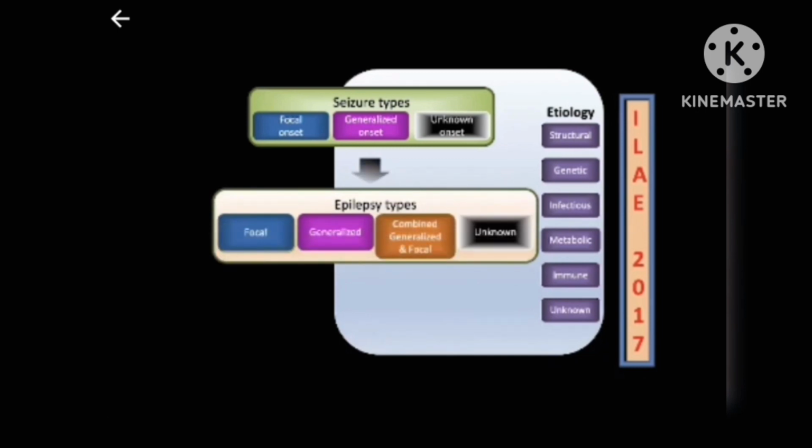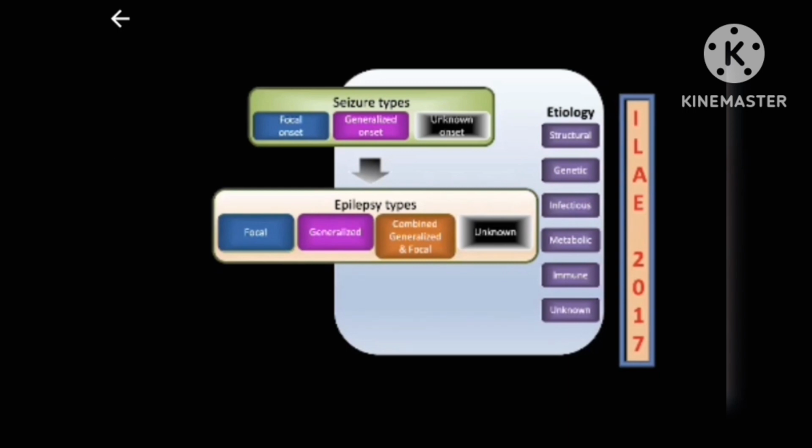Once somebody has two seizures, then you call it an epilepsy, because they are recurrent seizures. You'll have to classify these epilepsies as focal, if it is starting from one part of the brain and then remaining there, or can spread.